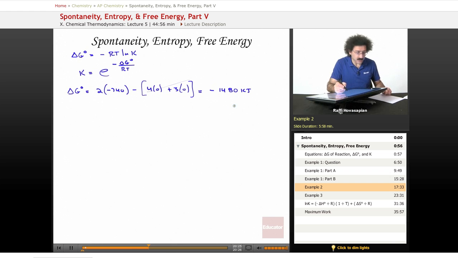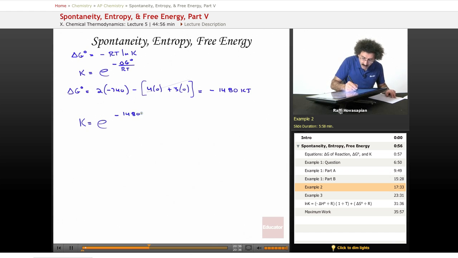That's minus 1480 kilojoules. So now we write K is equal to e to the minus 1480000. We have to work in joules because R is in joules per Kelvin. R is 8.3145 and temperature is 298.